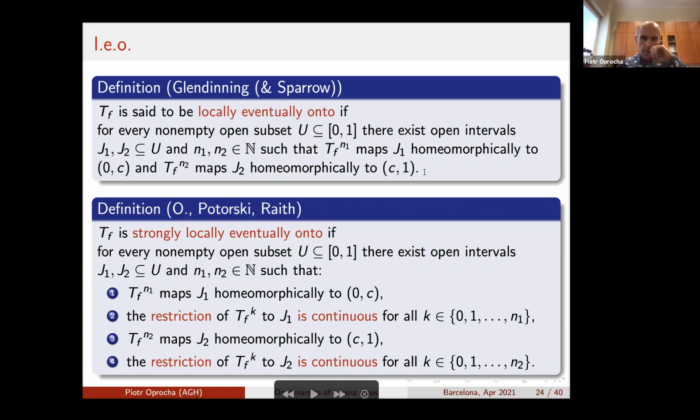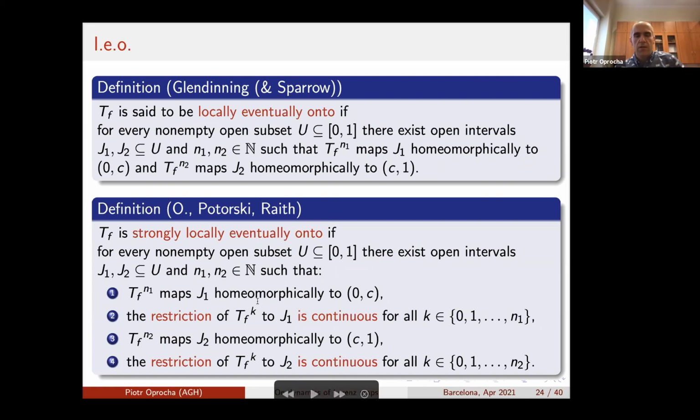All right. So look at this definition at the bottom. We introduced it in our paper, and at first look, it may look artificial. What we add here is that we want this homeomorphic image, but we also want the continuity not to break in the meantime.